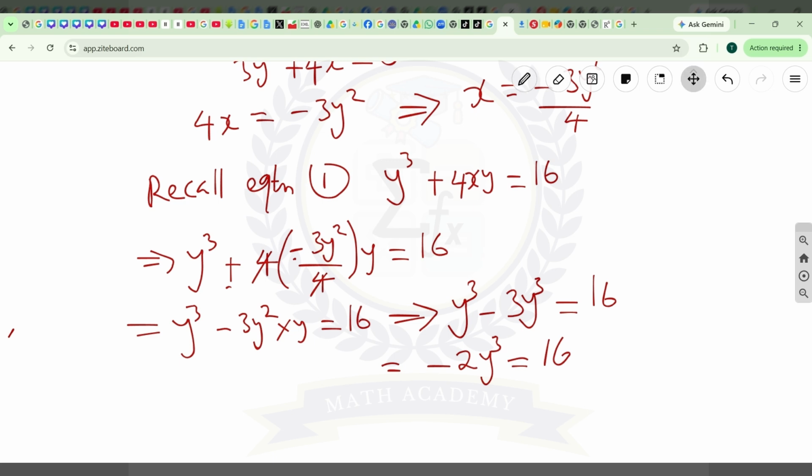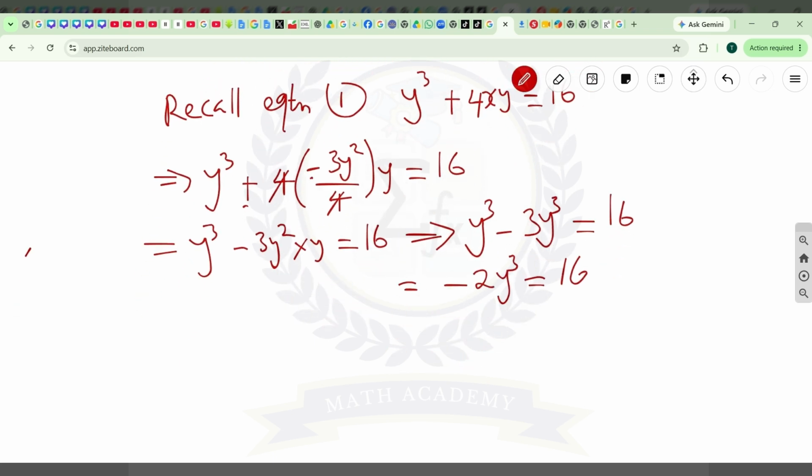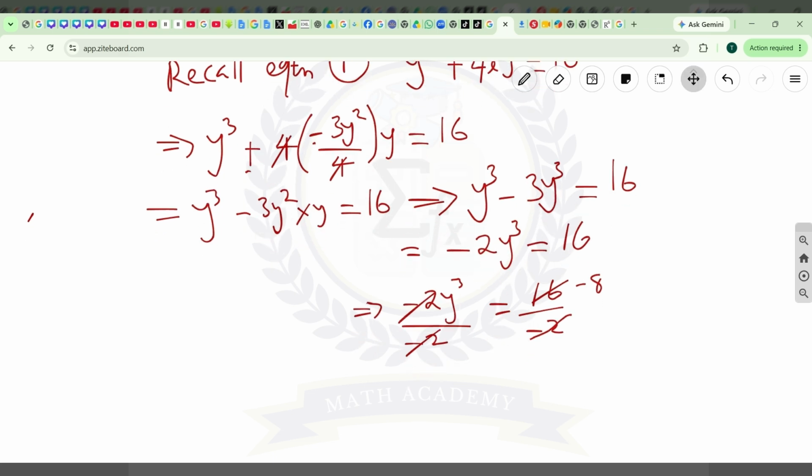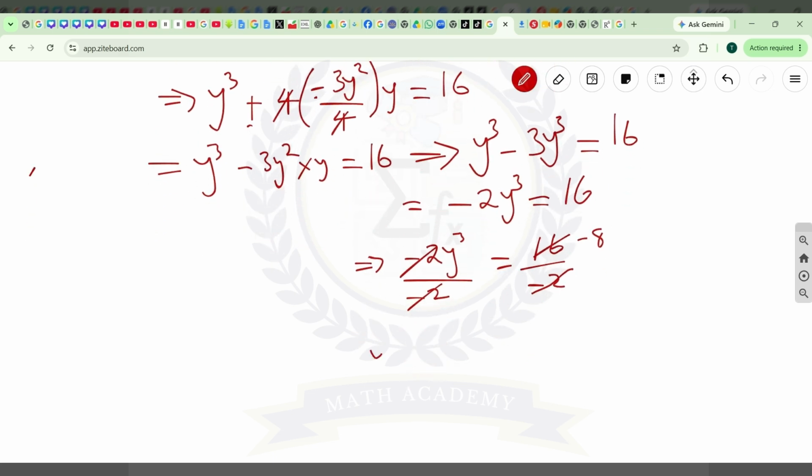And now I'm going to divide both sides by negative 2. So this is going to be negative 2y cubed divided by negative 2 is equal to 16 divided by negative 2. Negative 2 will cancel out negative 2. 16 divided by negative 2 is negative 8. Therefore, I have that y cubed is equal to negative 8.